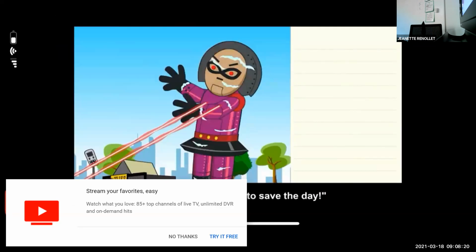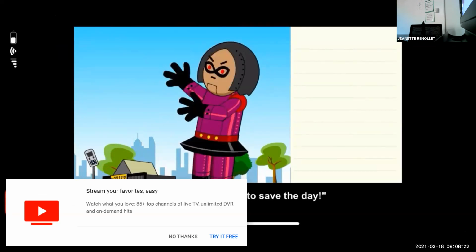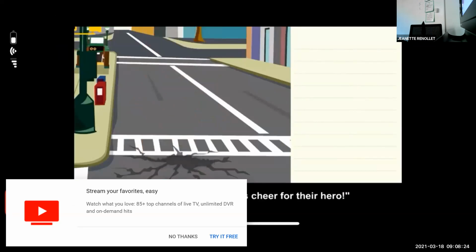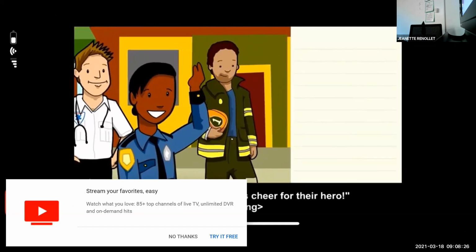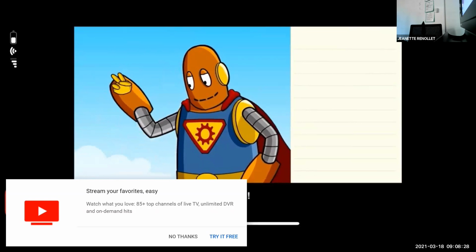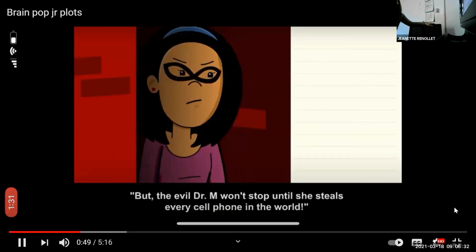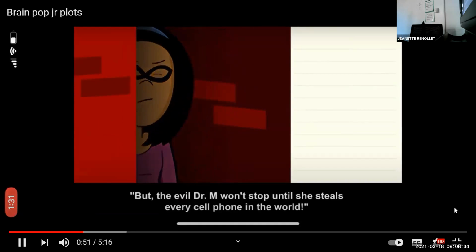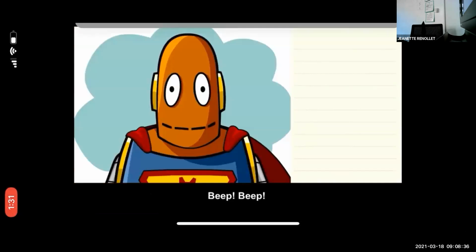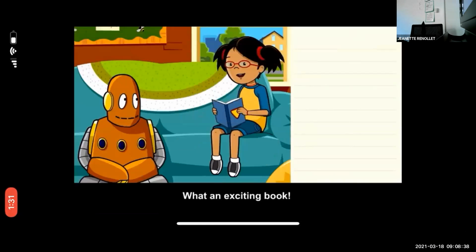He uses his powers to save the day. The citizens of Megapolis cheer for their hero. But the evil Dr. M won't stop until she steals every cell phone in the world. What an exciting book! I can't wait to learn what happens next.